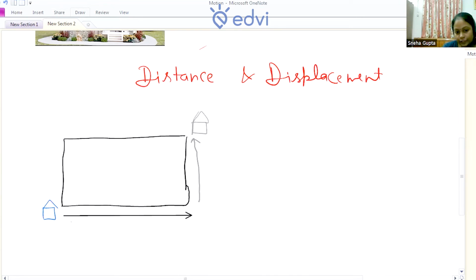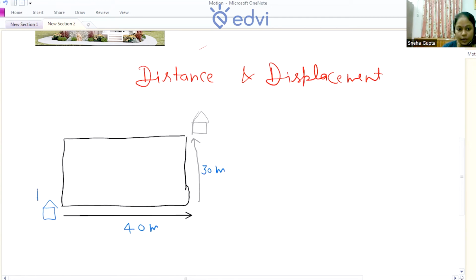Suppose here the distance of this side of the park is 40 meter, and here the distance is like 30 meter. So how much distance have you traveled from your house to your friend's house?